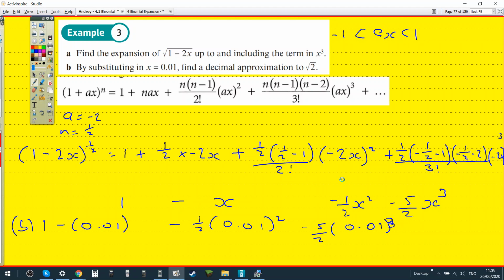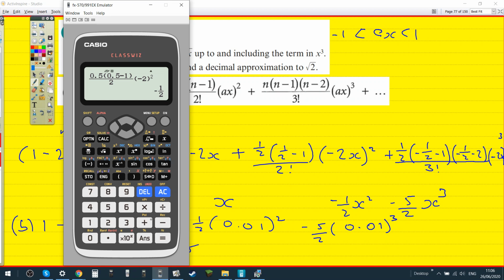Zero point 9899475. Okay, 475, and then let's just check. Square root of 2 SD.